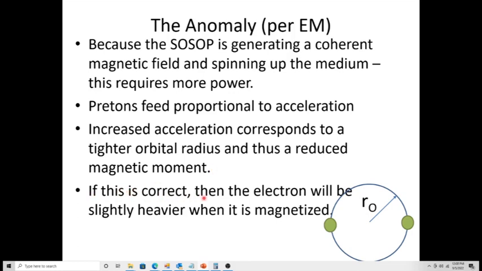If this is correct, it means the electron will be slightly heavier when it's magnetized. That's absolutely true. That follows. If you're doing something that requires more energy, it's going to look like it has more mass, because when you start feeding at a tighter radius, you're going to have more inertia. It's going to feel like the particle is heavier. How do they explain that with quantum mechanics? I don't know.